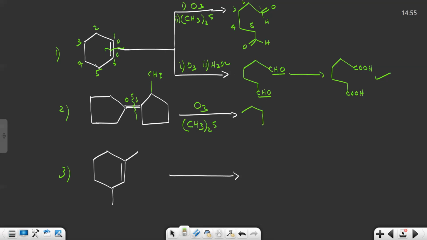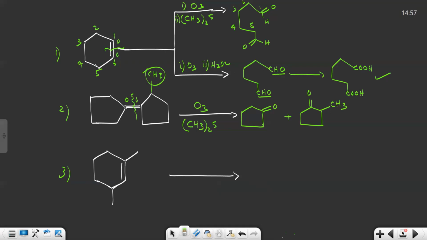So both are 5-membered rings. Then on one of the carbon atoms there is a double bond O. Then the second compound, that too is another 5-membered ring. A double bond O is formed on one carbon, and on the next carbon there is a CH3 group, right?